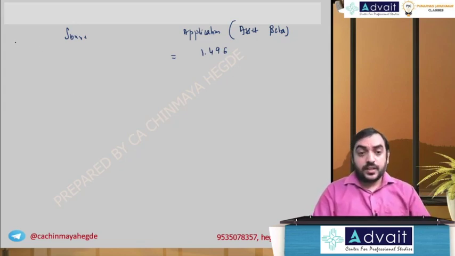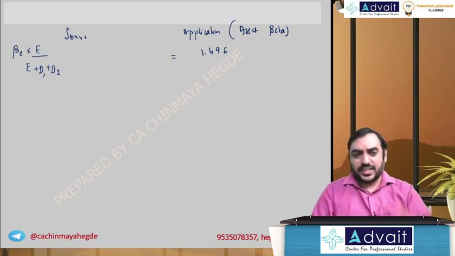Three will be there. That is, you will have beta of equity multiplied by equity divided by total capital employed, E plus D1 plus D2. Two debts will be there. Total I know is the same, but still.